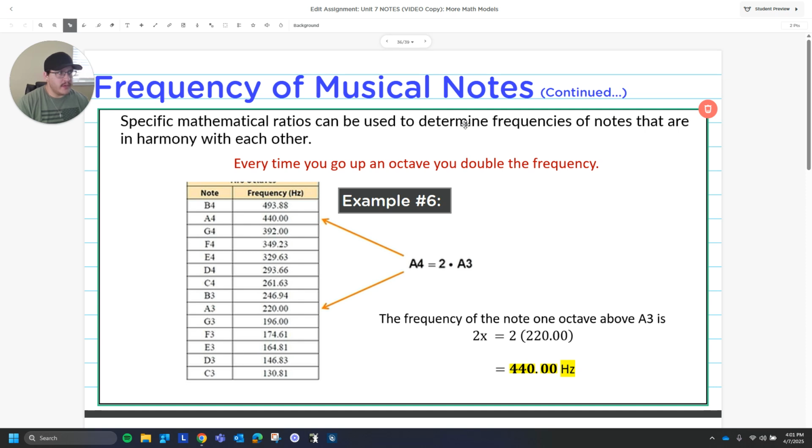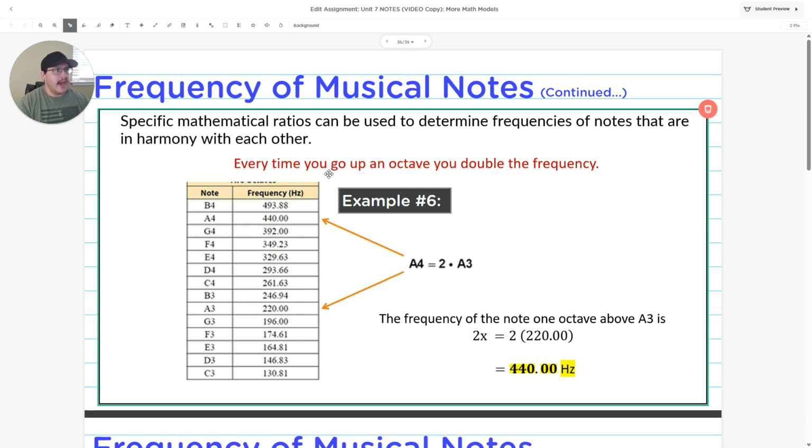Specific mathematical ratios can be used to determine frequencies of notes that are in harmony with each other. Every time you go up an octave, you double the frequency. So if we want to go up an octave, we want to double whatever the current frequency is. So A4 is equal to 2 times whatever A3 is. A3 on our chart is about 246.94 hertz.